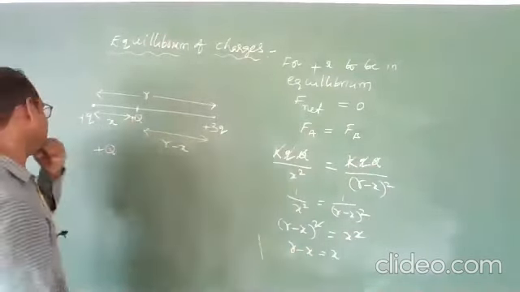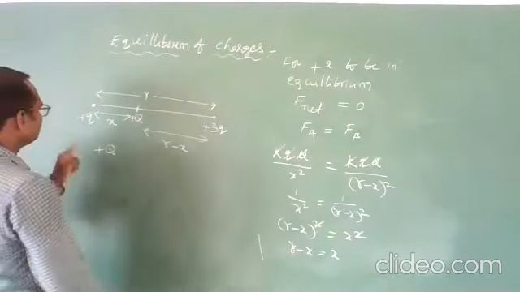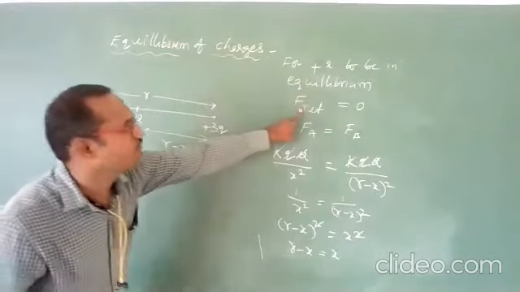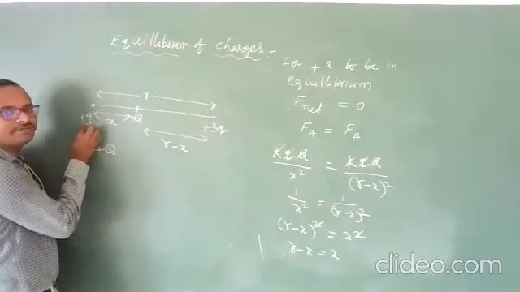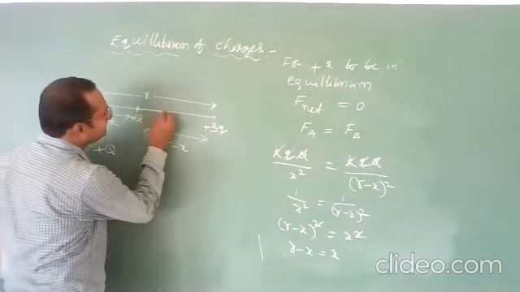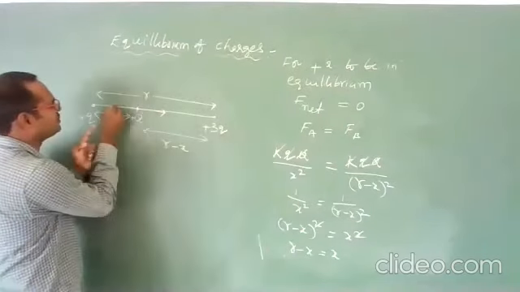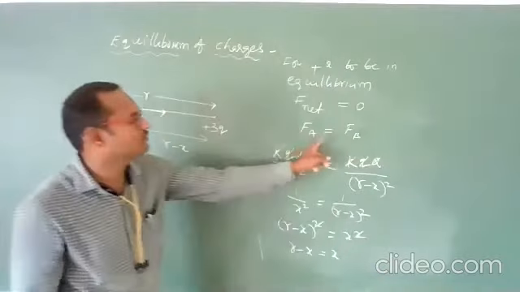So net force on it should be equal to 0. On this plus q, due to small q charge, a force is there in this direction, and due to 3q charge, again a repulsive force in this direction. Both should be equal, then only the net force will be 0.